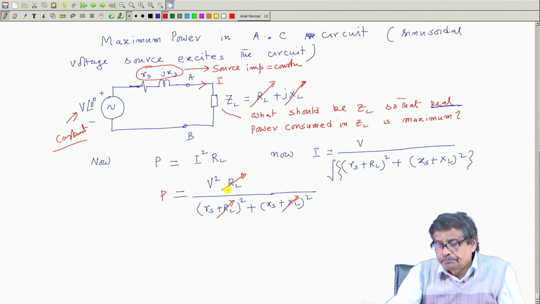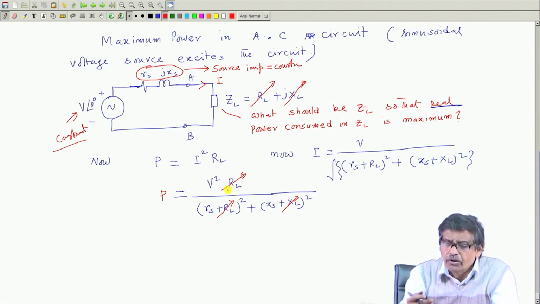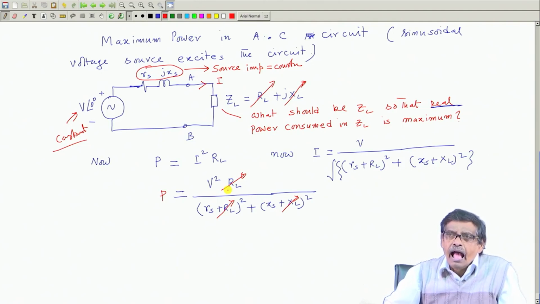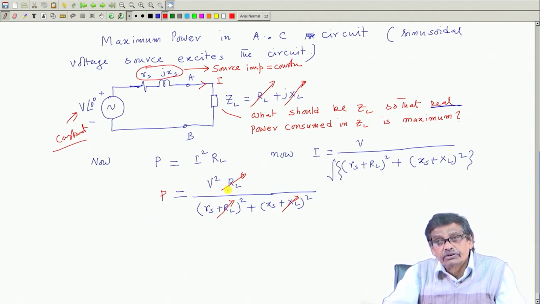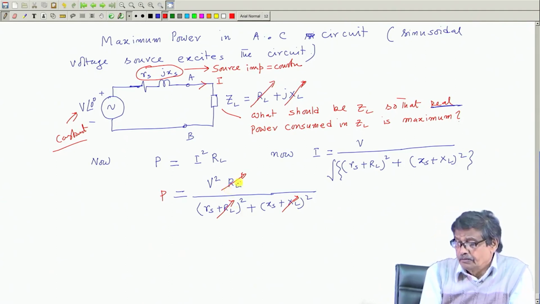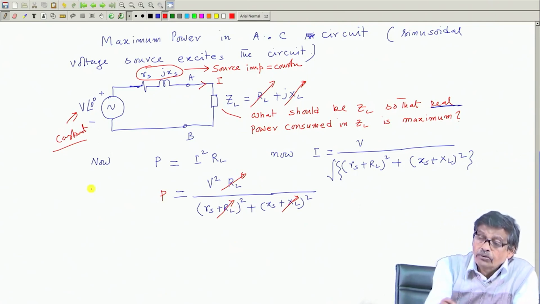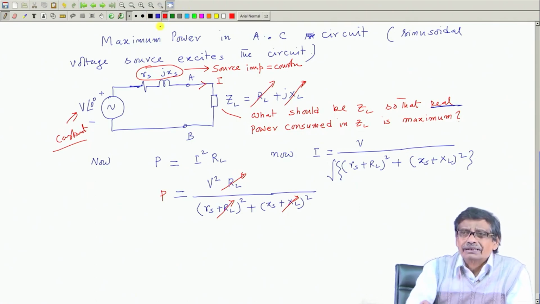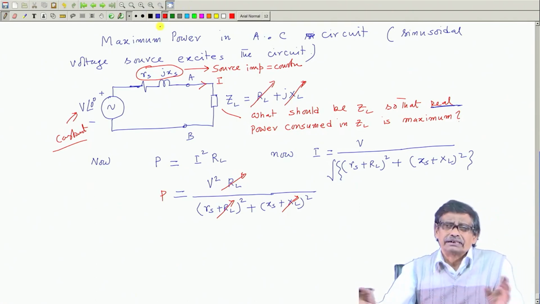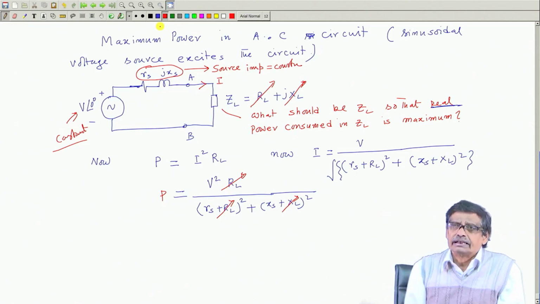I will first choose any fixed value of RL and keep it fixed, for example RL equal to 2 ohm, and I will try to find out the condition of XL so that power will be maximum there. Got the point? Instead of varying RL and XL simultaneously, this step is very important. Then you can save a lot of time in derivations and differentiation.